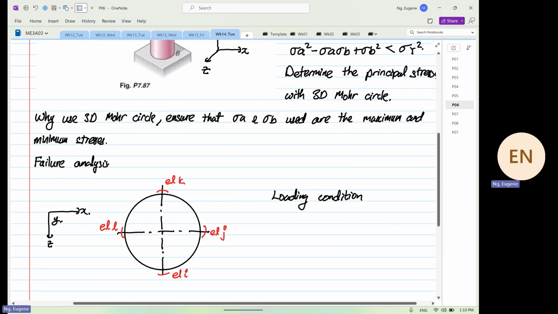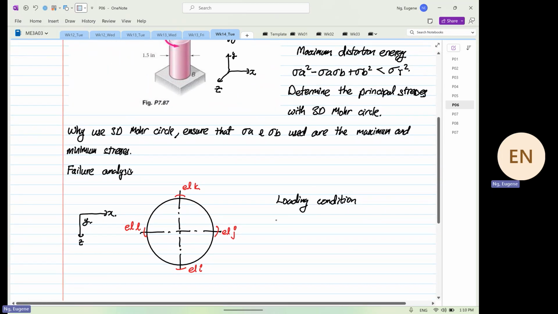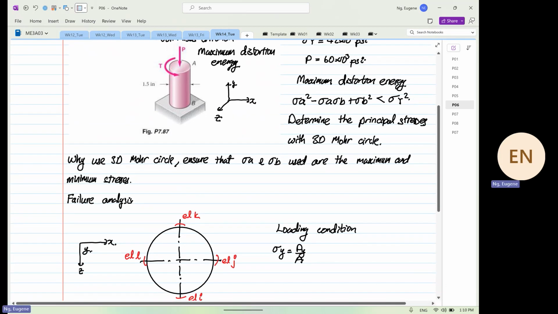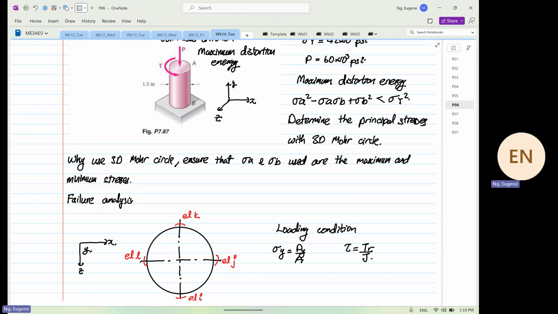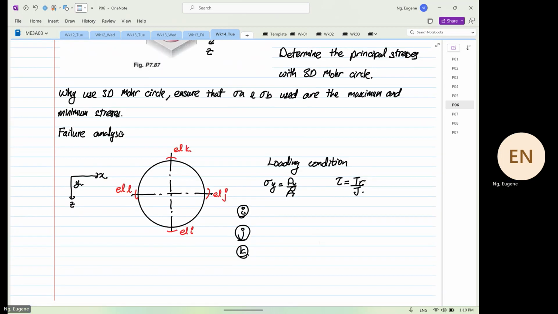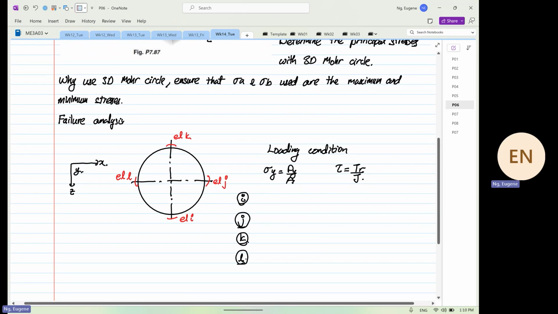So if we were to look at the loading condition, we know that we have a stress Y equal to P over A. And then we also have a shear stress. The shear stress is equal to Tr over J. And if we look at element I, element J, element K, and element L, can someone tell me where failure will occur?